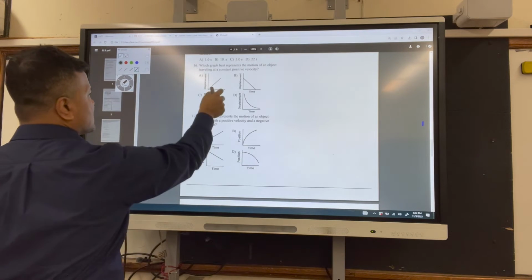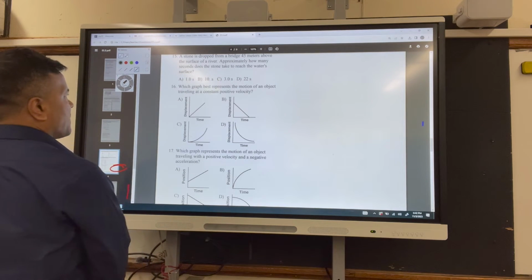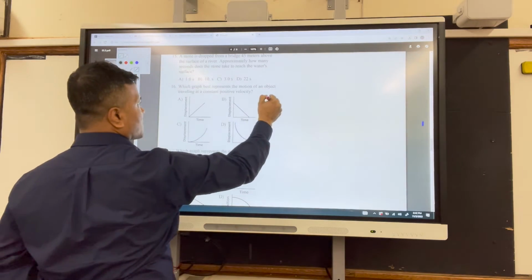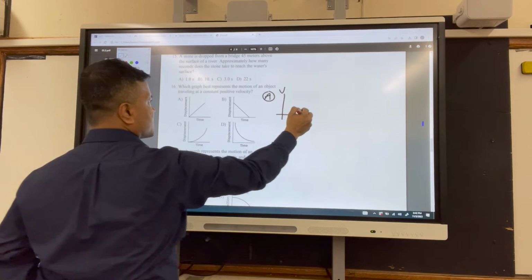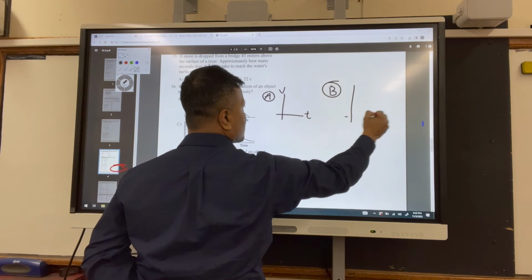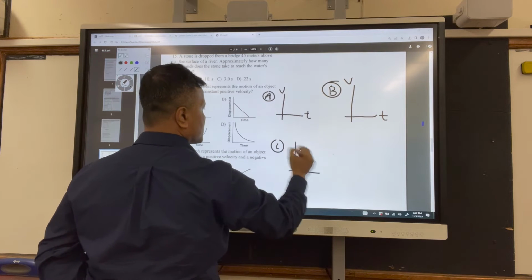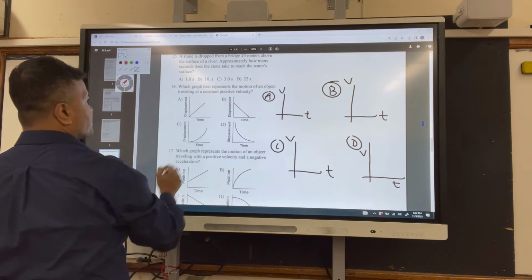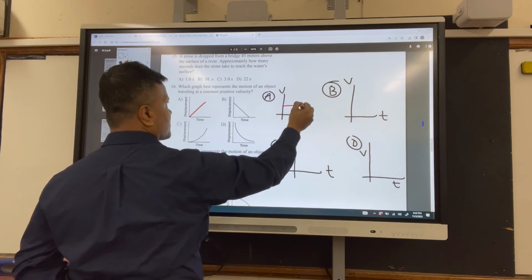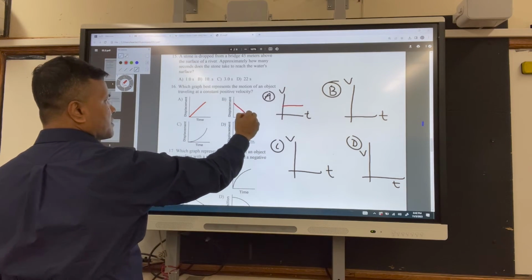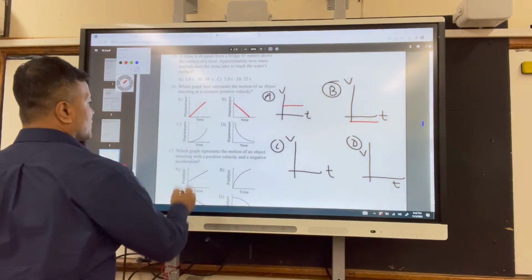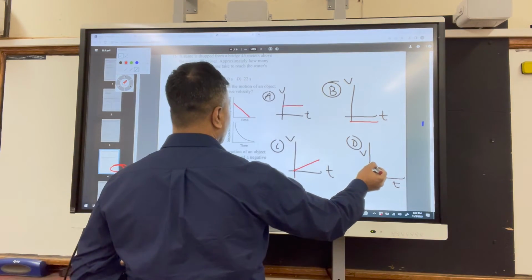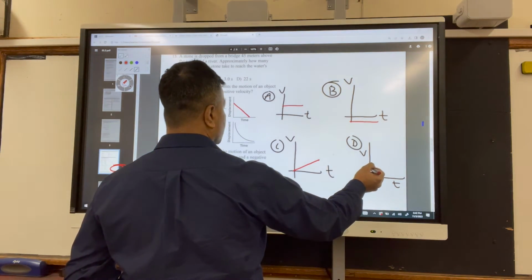Let's draw velocity graphs. For A, B, C, and D, we're going to convert each one to velocity versus time.